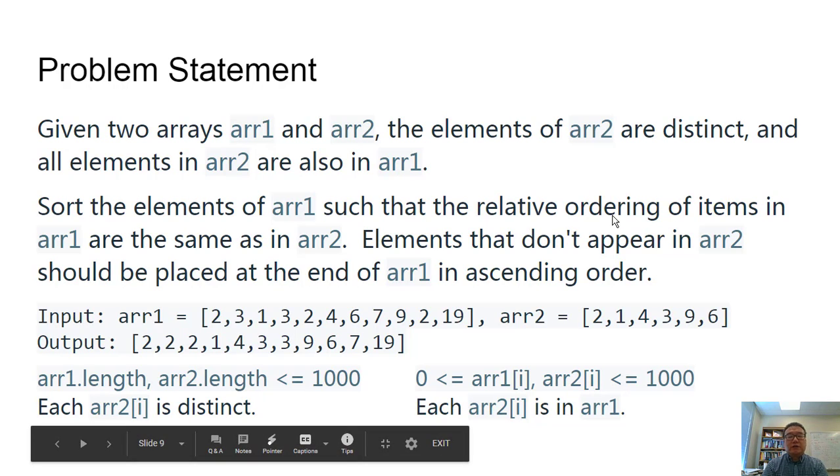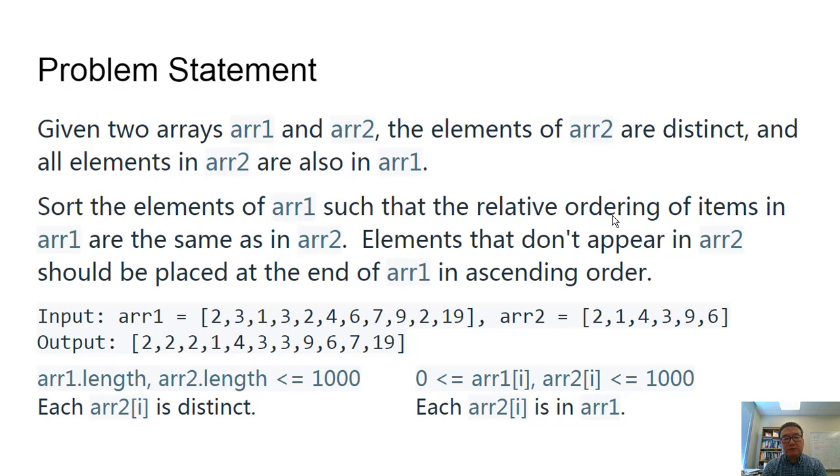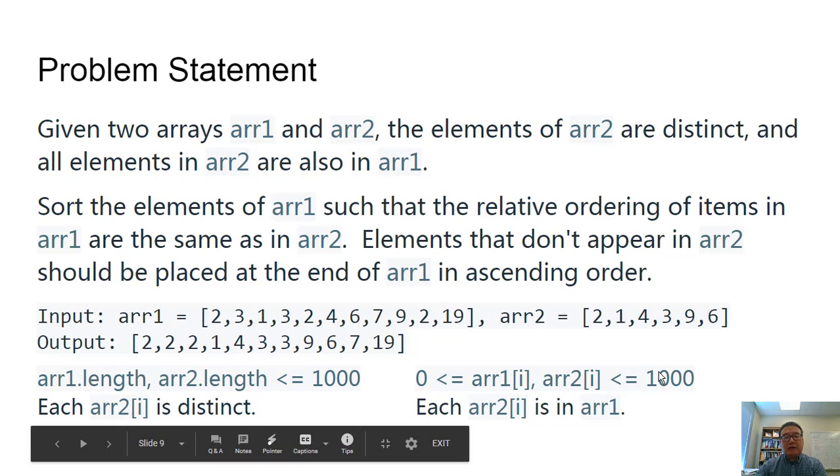So I encourage you to pause the video and think about this problem, and see how you would solve it. Okay, so assuming that you have thought about the problem, the parameter size means that a quadratic algorithm is totally acceptable.